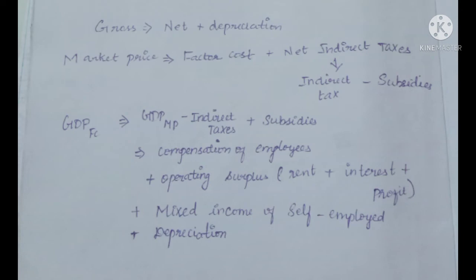For compensation of employees, you should add operating surplus, mixed income of self-employed, and you should add depreciation. For calculating GDP at factor cost, the formula is GDP at market price minus indirect tax plus subsidies, plus compensation of employees, operating surplus (rent plus interest plus profit), mixed income of self-employed, plus depreciation.